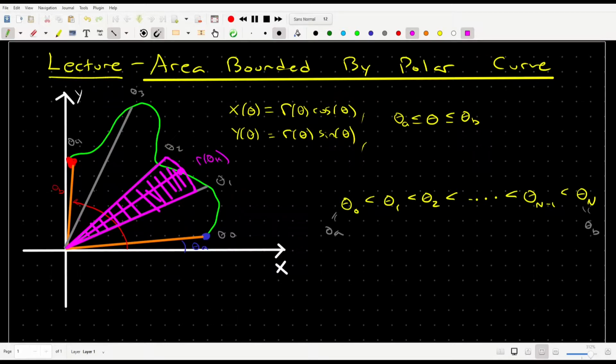Similarly, I do this for each one of these segments: pick a sample angle and consider the circular segment formed by that sample angle.